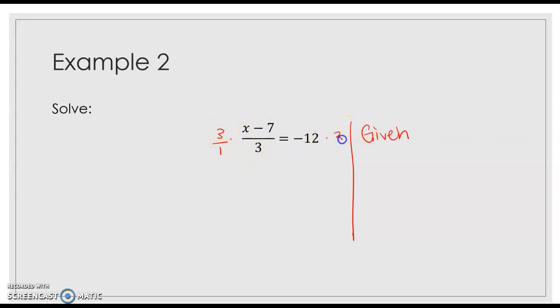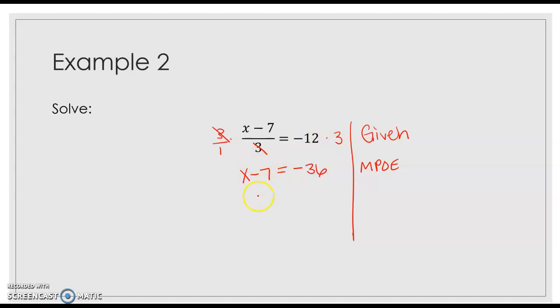I'm going to multiply both sides by that 3. That's the multiplication property of equality. My 3 over here will divide out, and I am left with x minus 7 equals, and then negative 12 times 3 would be negative 36.